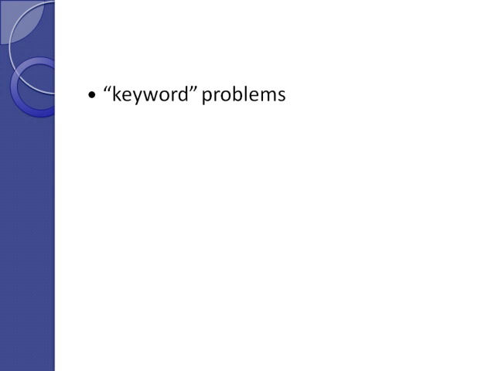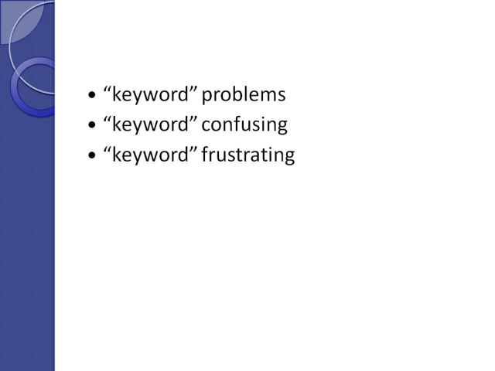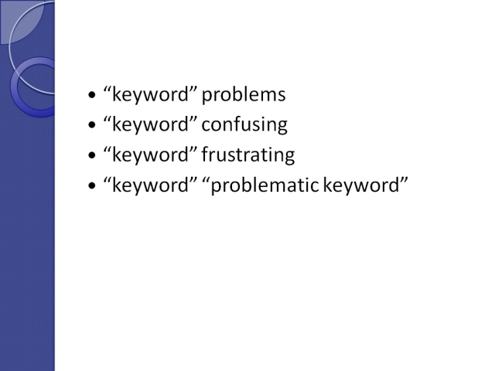Now, what I normally do is I go to Google and I type in the keyword in quotations, and next to it I put the word problems. Or I put something like keyword confusing, keyword frustrating, or some sort of problematic keyword. The reason I do this is because I want to find the problems that somebody faces in that niche. I want to figure out what is confusing to them and what is frustrating to them.